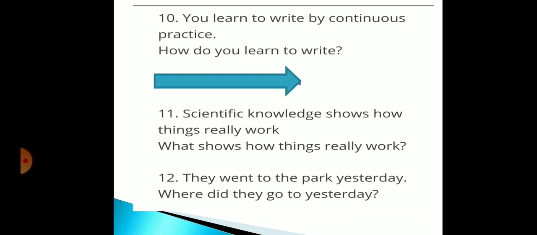With the help of these examples, write appropriate WH questions in the given blank places, and after each WH question put a question mark. In the next section you have error identification. You studied this error identification in your first year workbook. In this section you have some mistakes in the given sentences.